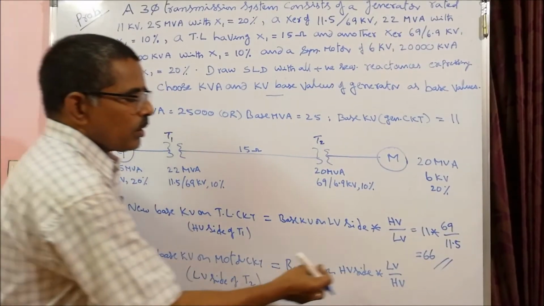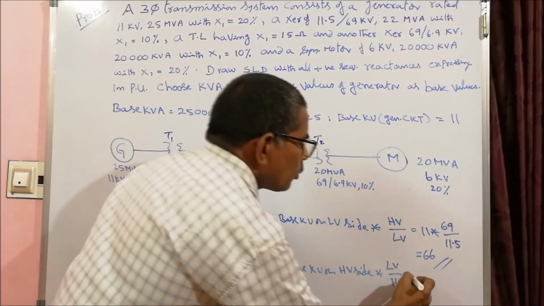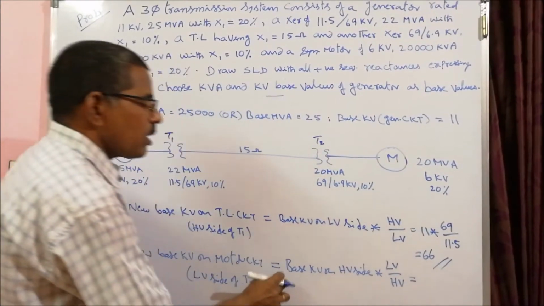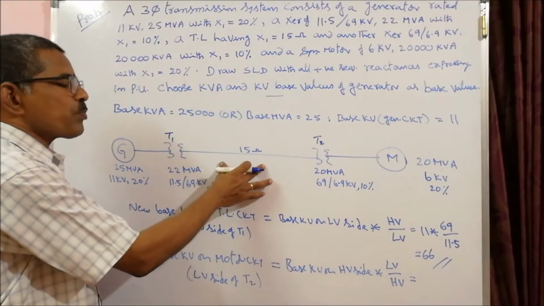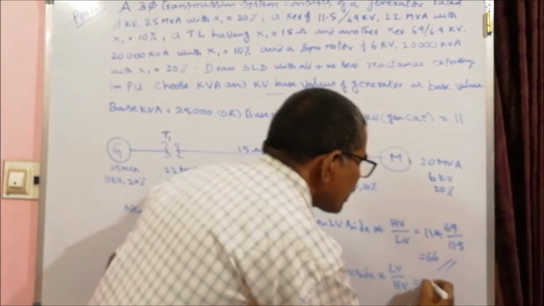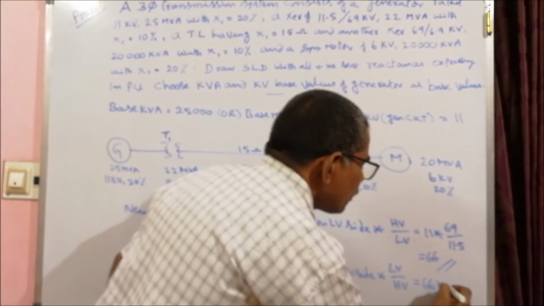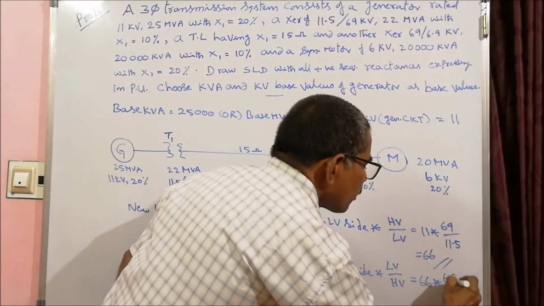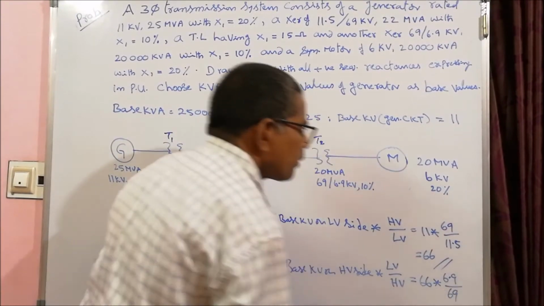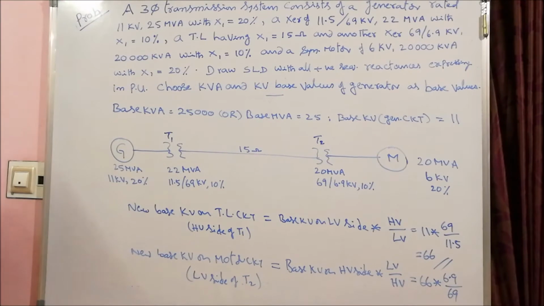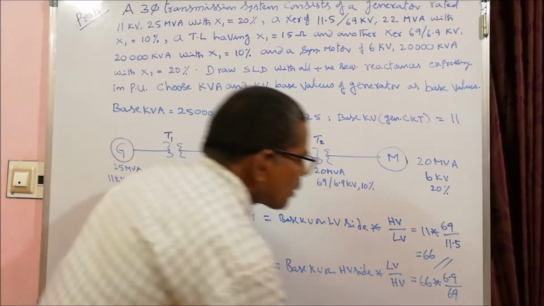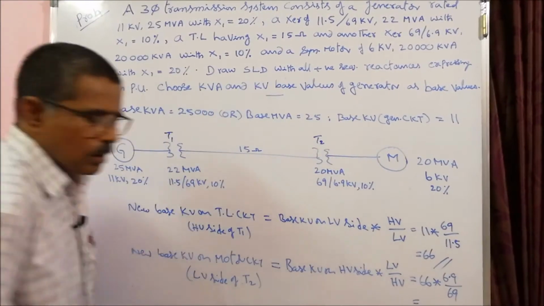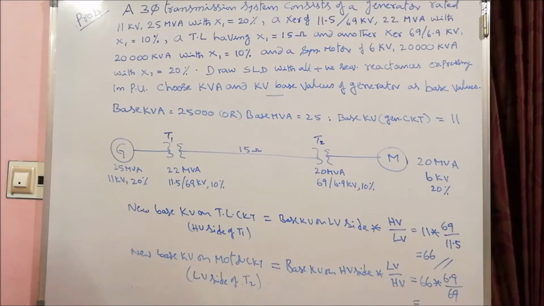So it is LV by HV, with the base kV on the HV side, which means the transmission line circuit, being 66, into LV by HV, 6.9 by 69. It is 6.6 kV.